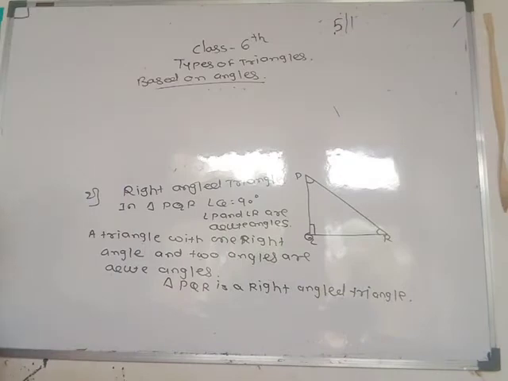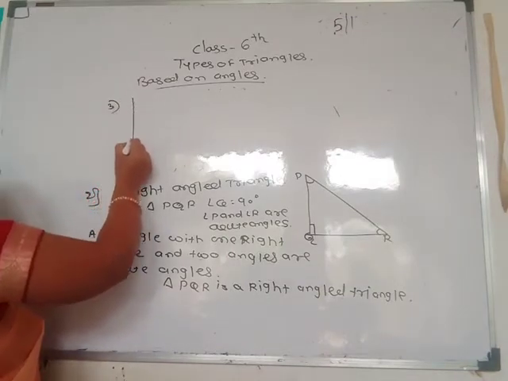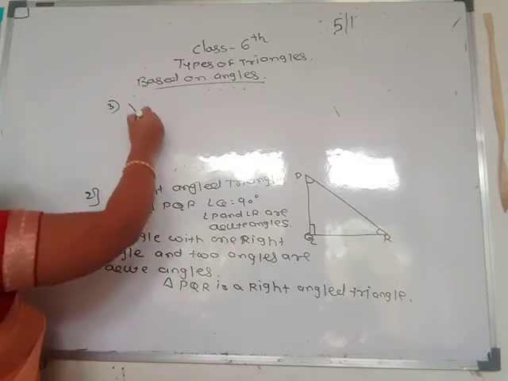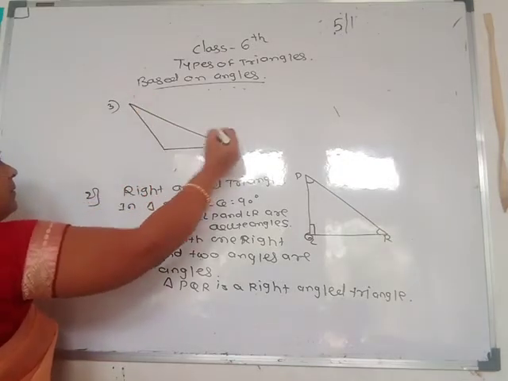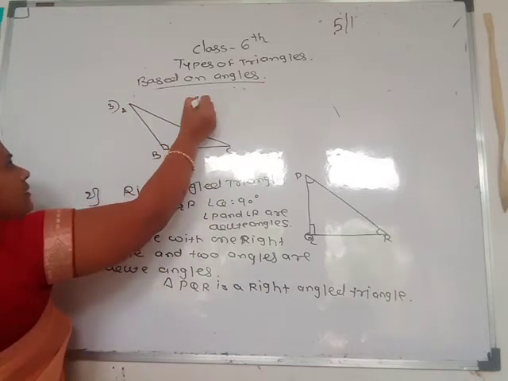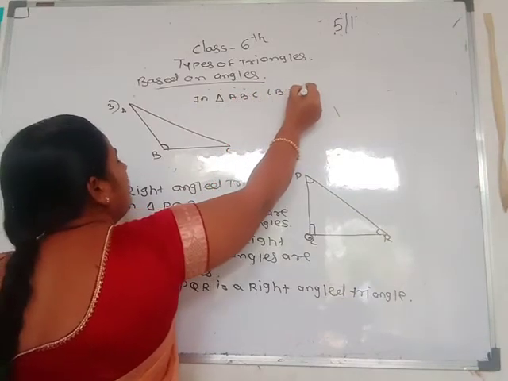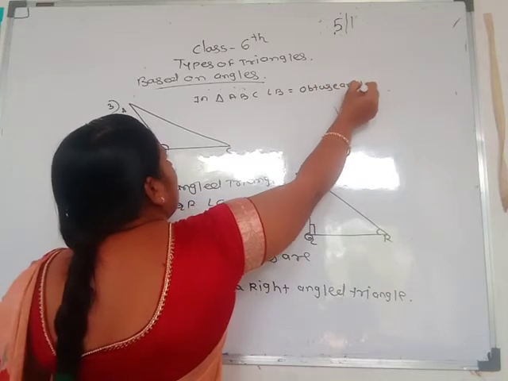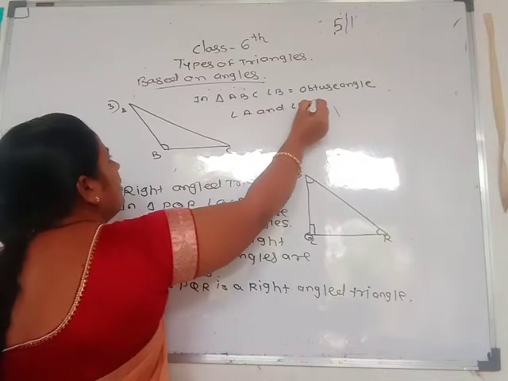Obtuse angled triangle, third one. In triangle ABC, angle B is an obtuse angle, and angle A and angle C are acute angles.